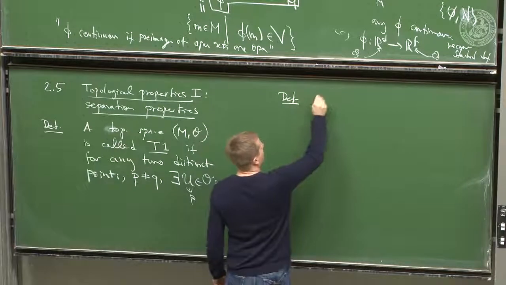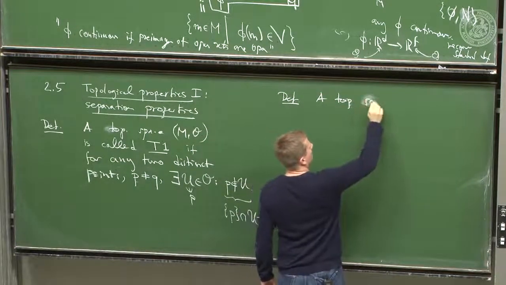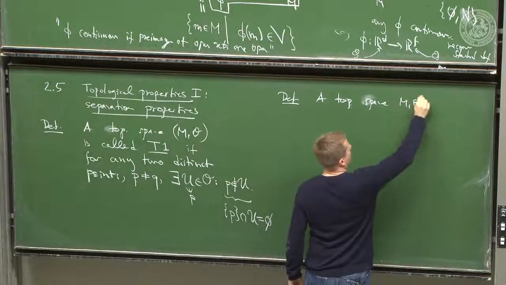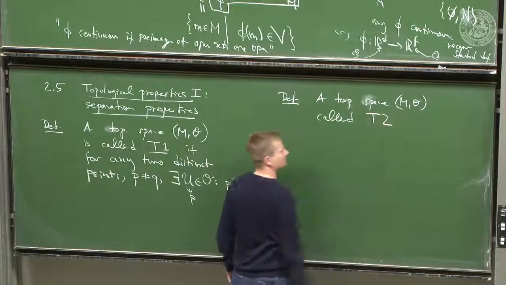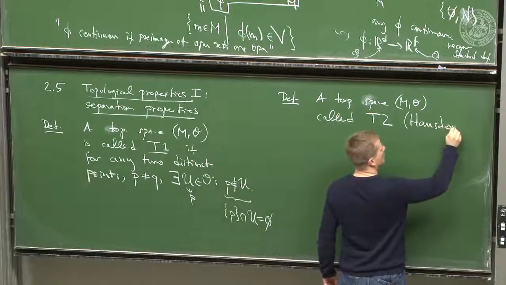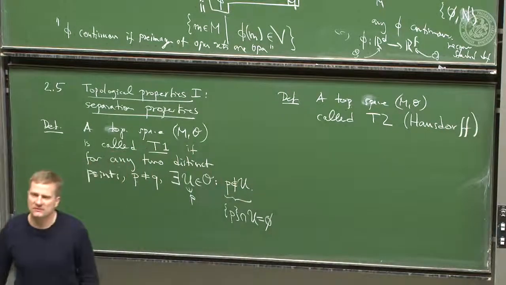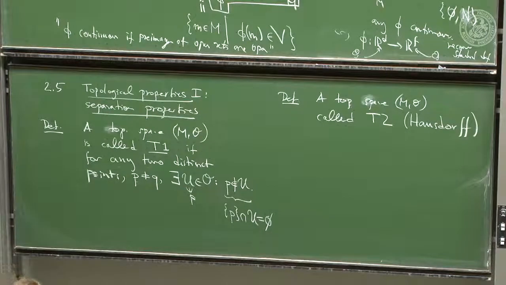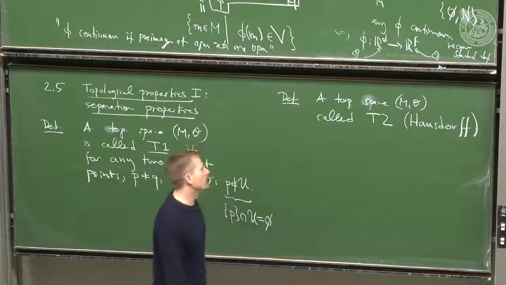Definition. A topological space M is called T2, and that has another nicer name that's called Hausdorff. Hausdorff actually came up with the topological axioms. He formulated them in terms of neighborhoods, but they're fully equivalent to the set of axioms I wrote down in the beginning, defining it by open sets.